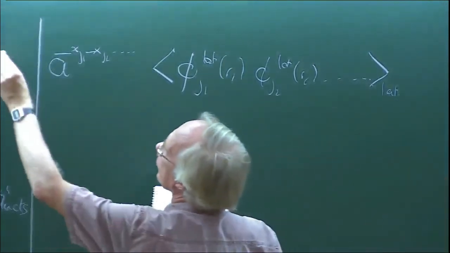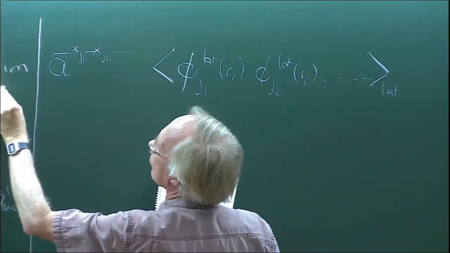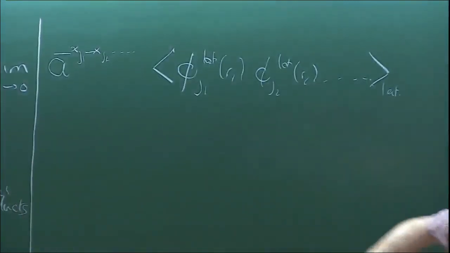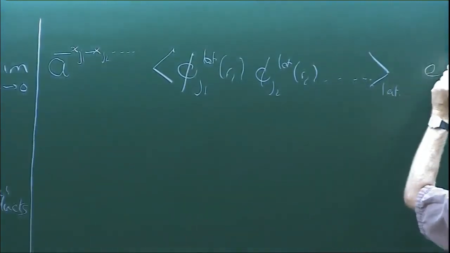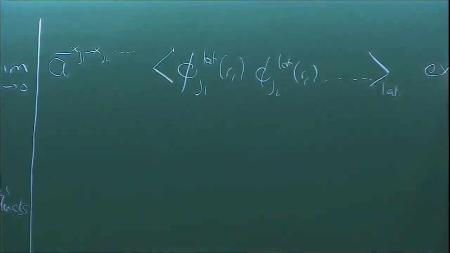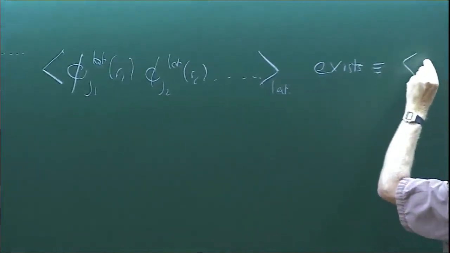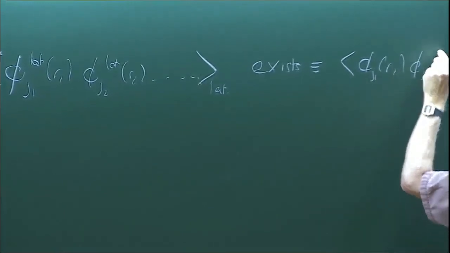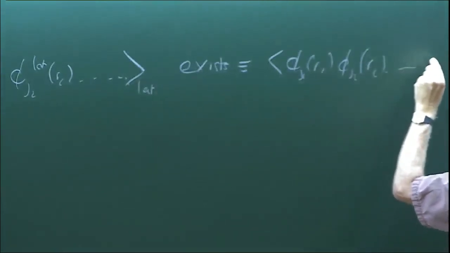And then the idea is that the limit as a goes to 0 of this thing exists as long as you choose these numbers xj in the right way. So this limit exists, and we call it phi J1 of R1, phi J2 of R2, and so on. This is the continuum limit of this lattice correlation function.